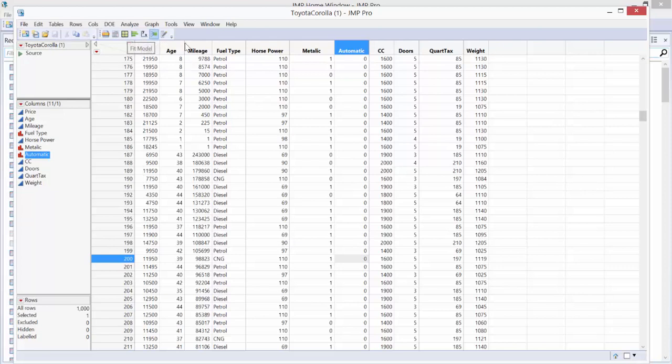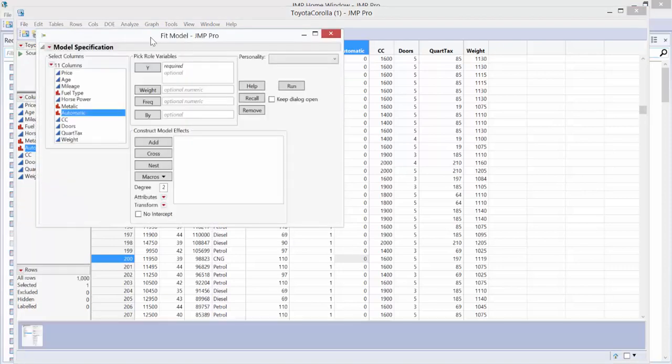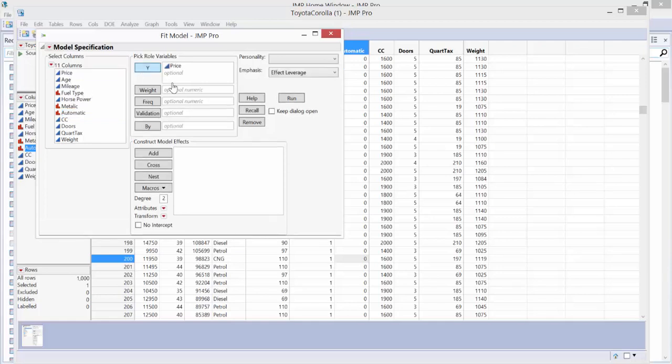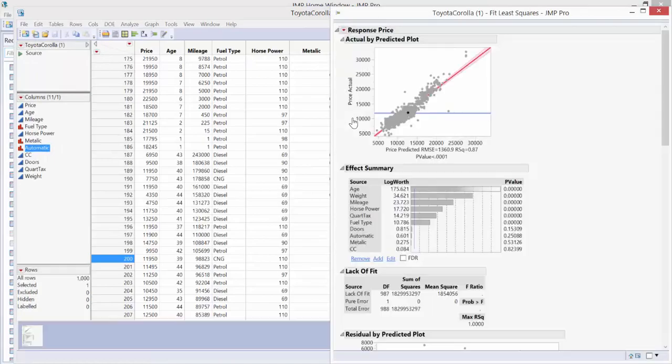Same procedure. Fit the model, right? We're still doing the multiple linear regression, but this time around we're going to include more than just continuous predictors. So my target is price. That's what I'm predicting. How much is the car? And every other variable I'm using as predictors or model effects. So I'm going to add them all, and then click the run button, so there are no changes, okay?